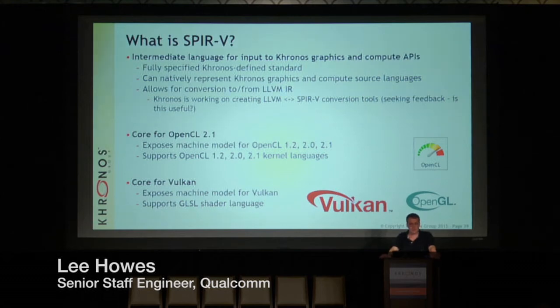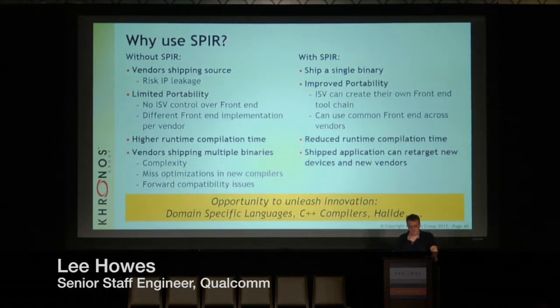It is a Khronos defined standard that's decoupled from LLVM. And it's a core feature for OpenCL 2.1, exposing the machine models in a backward compatible way, so earlier shaders and kernels can compile into SPIR-V and still work. And it's also a core feature for Vulkan, supporting the GLSL shader language.